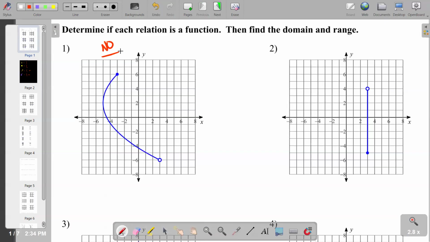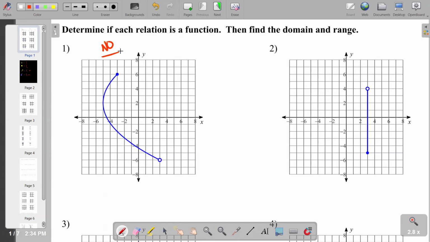Now, when I ask you about domain, I need you to get out your Ahern to Kid translator. And when I say what's the domain, I need you to say, how far left does graph E go? I don't think those words are hard to understand. Can you with your pencil tip right now point to the place on this graph that marks the furthest left that the blue line goes?